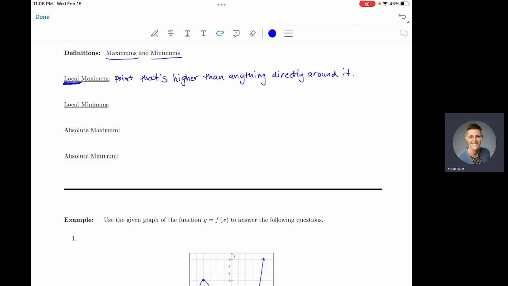It doesn't have to be the absolute positive highest point on your function. It just has to be higher than the stuff right around it to be a local maximum. You can have several of these in the same function.